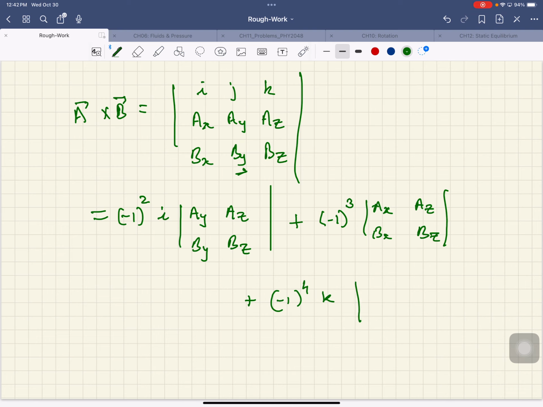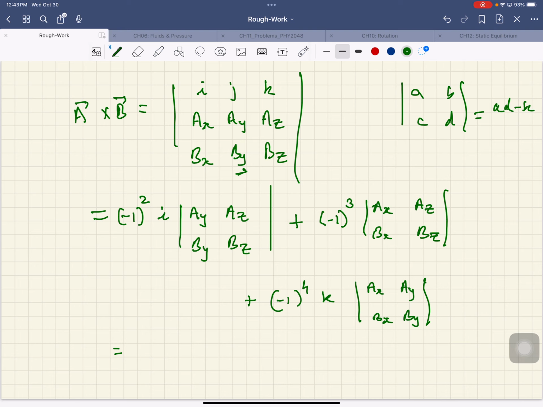And the minor is this guy: AX, AY, BX, BY. All right. And a minor is defined as AD minus BC. That's the value of the minor.